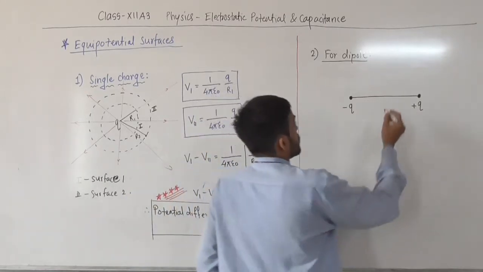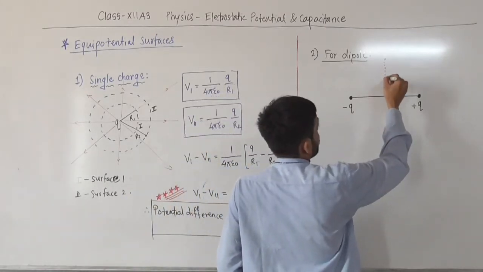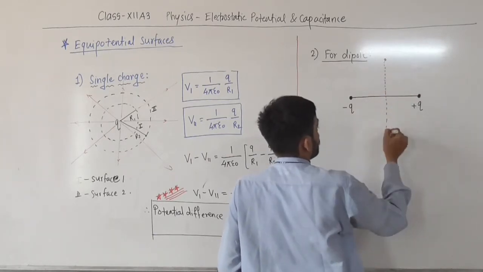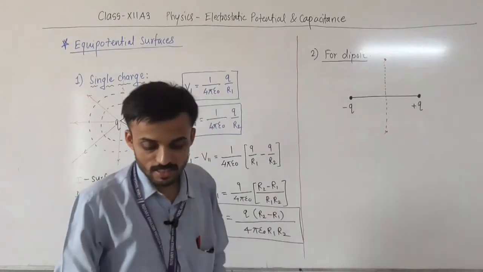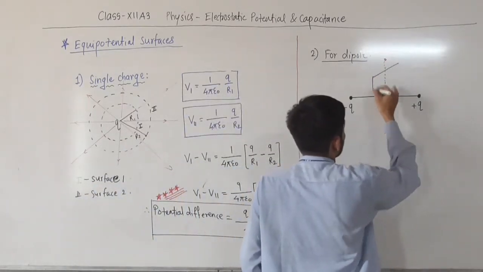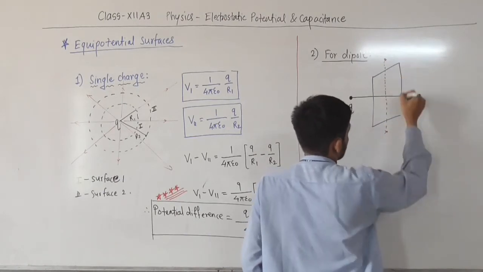I was wearing orange shirt, and that also I am recognizing. At that time, I think I explained it. So if you draw the equatorial line, then I know that on the equator everywhere the potential is 0. So one of the equipotential surface, if we want to draw, then you can draw it like this.